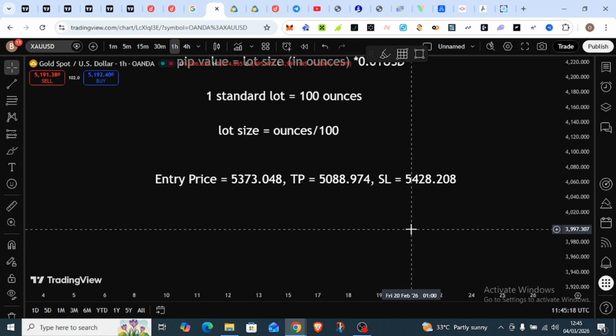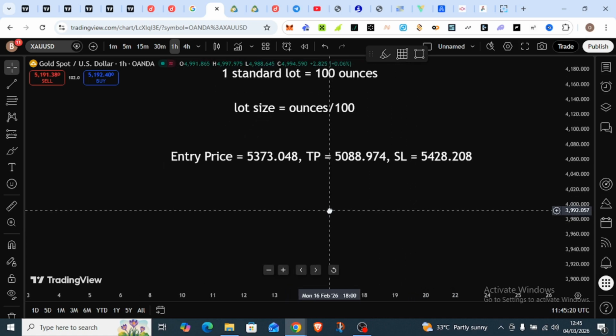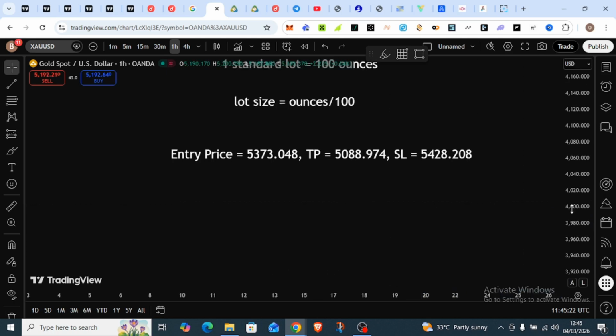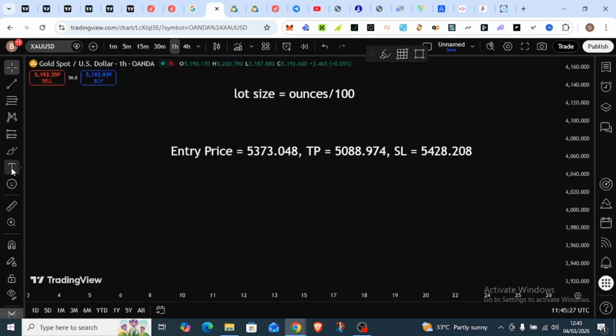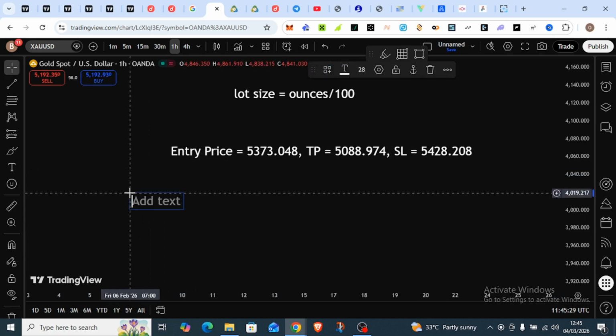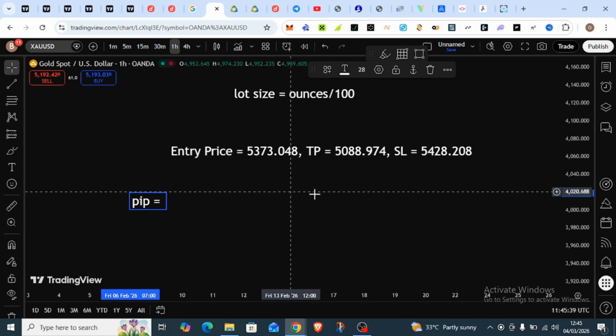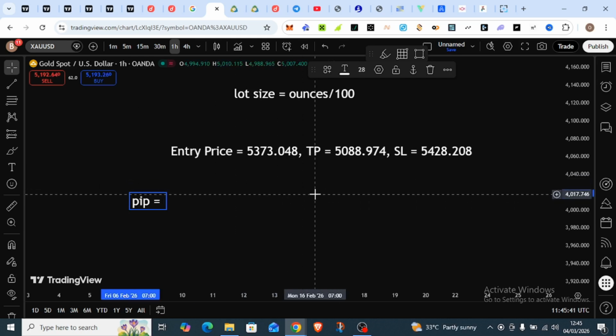From our formula, the first thing we have to do now is to calculate our Pip movement. So Pip is equal to change in price, that's difference in price all over the Pip value, which is 0.01.